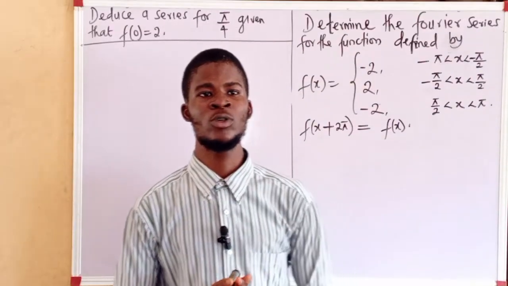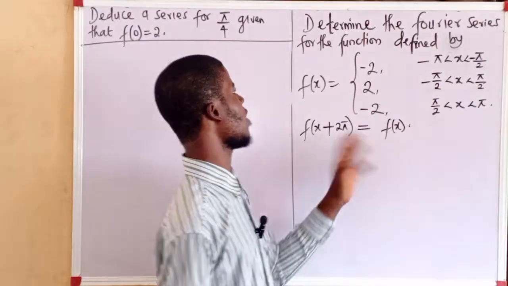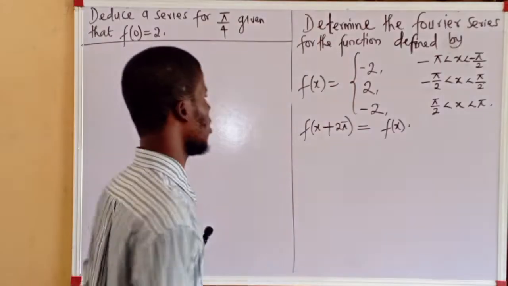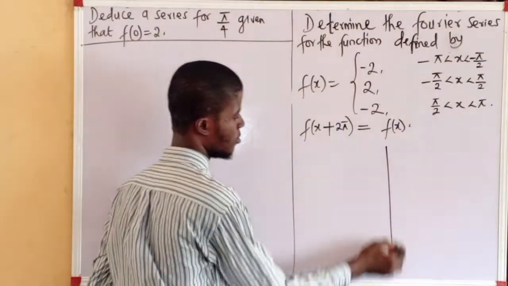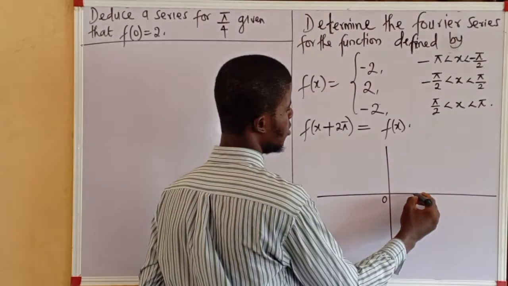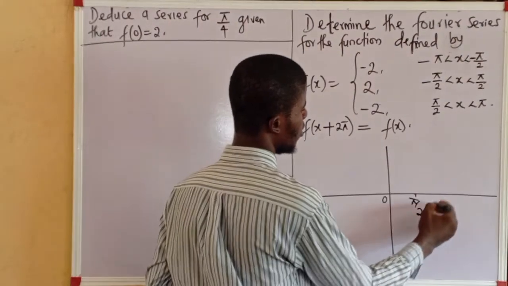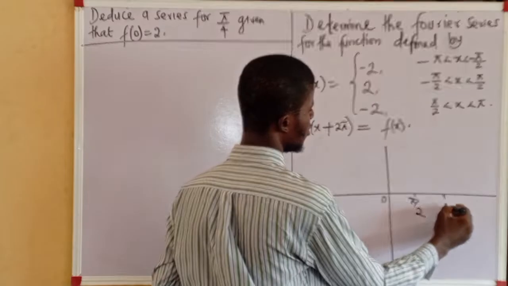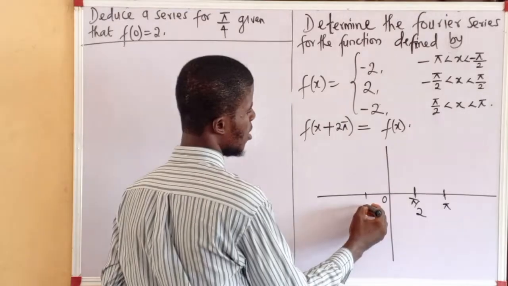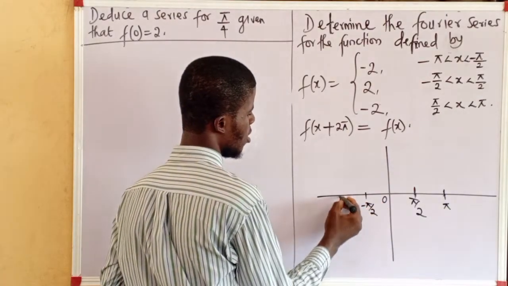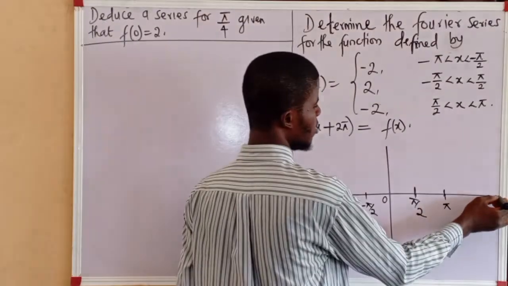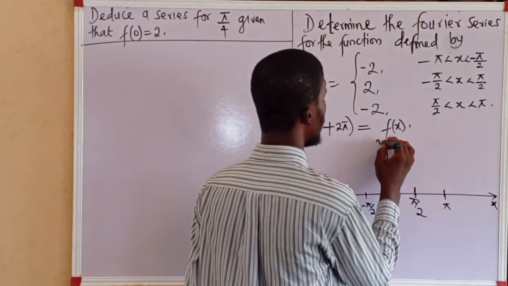The first thing we're going to do is to graph the function. It's a non-sinusoidal function. Let's graph it. This is 0. Let's say we have pi over 2 here. This is pi. And this side we have minus pi over 2, and we have minus pi here. This is our x-axis and this is our y-axis.